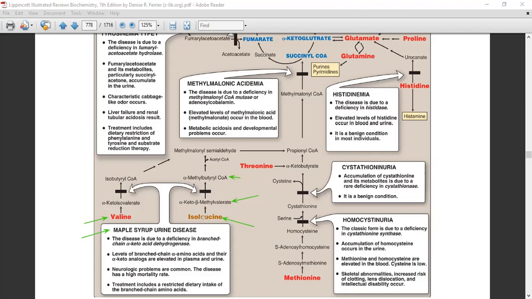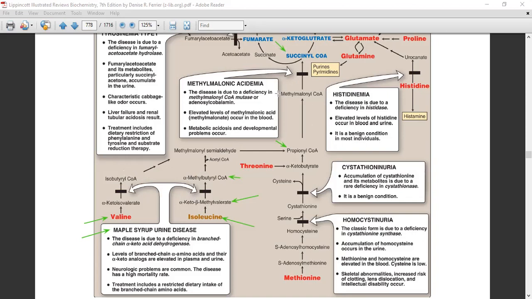To treat this, you use dietary restriction of foods that have the branched chain amino acids. So don't take them. Why take something that will kill you? Then these acyl CoAs will undergo some dehydrogenations and give you propionyl CoA. Then propionyl CoA is converted to succinyl CoA as I have shown you.